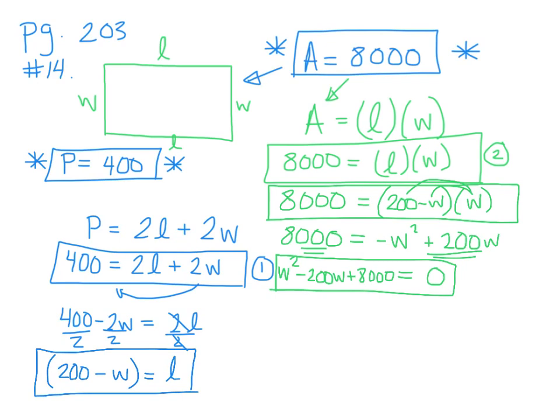Now I can solve for that by either using factoring or I can use the quadratic formula. If it's not factorable, I'll use the quadratic formula. Otherwise, I'll try to factor it right now. And since I noticed it's not factorable, what I'm going to actually do is erase this whole thing so I can use the quadratic formula on this. W squared minus 200W plus 8,000.